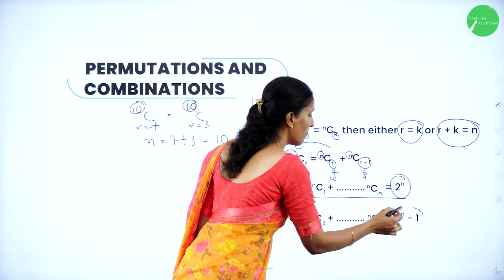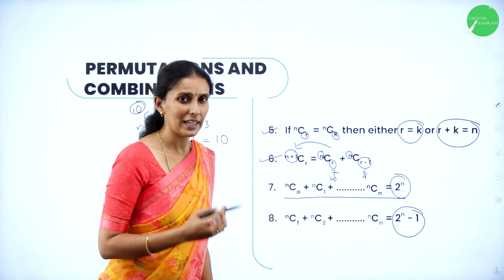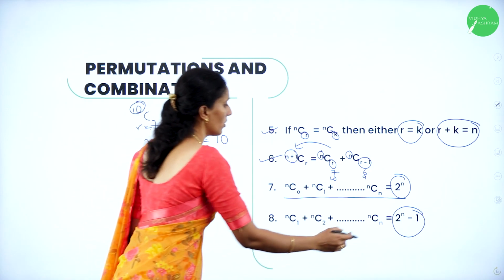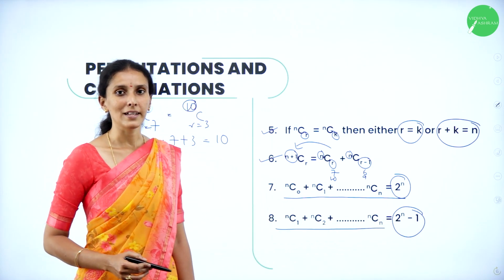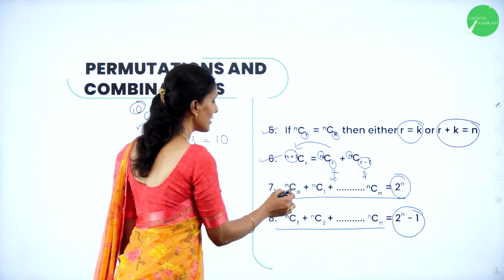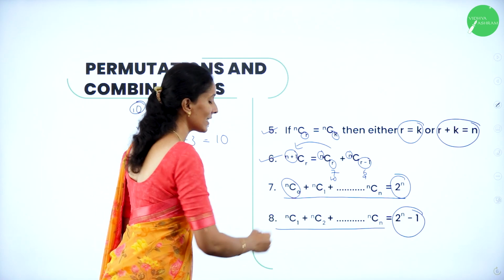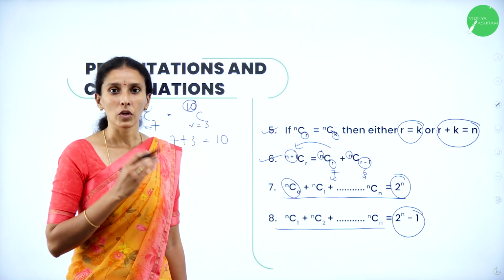And 2 power n minus 1 can be expressed in the form nC1 plus nC2 and so on. So the only difference is that here you have nC0, and there you don't have nC0, you start the series from nC1. So these are the properties of combinations.